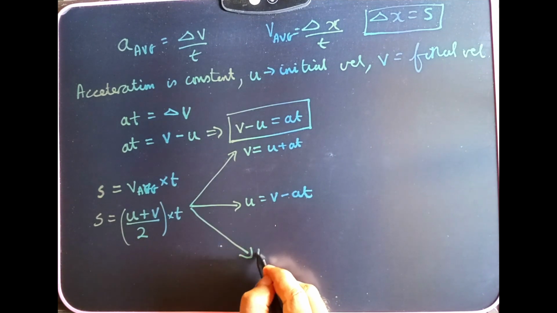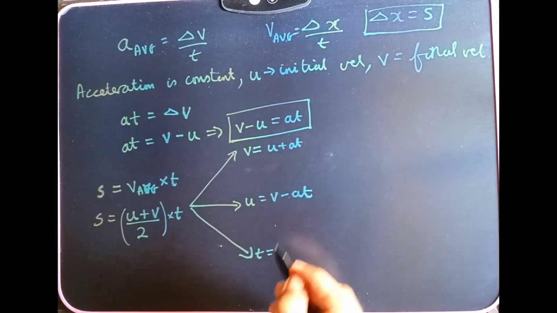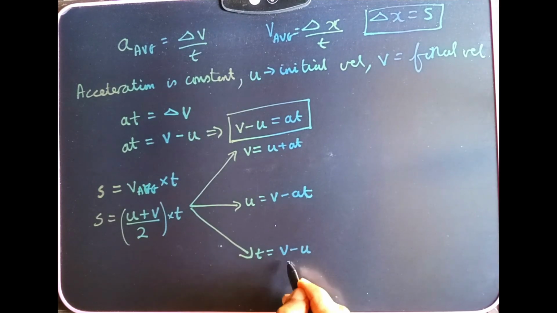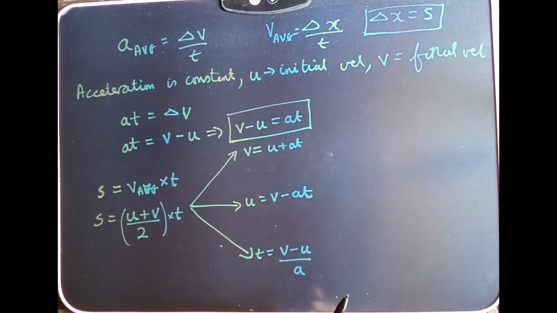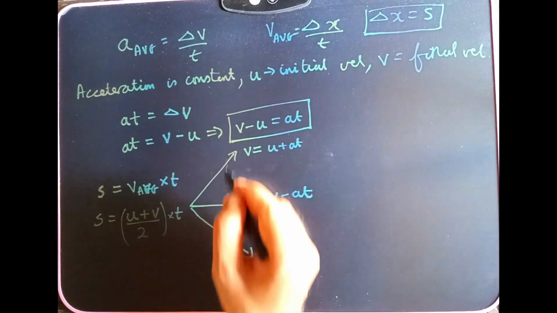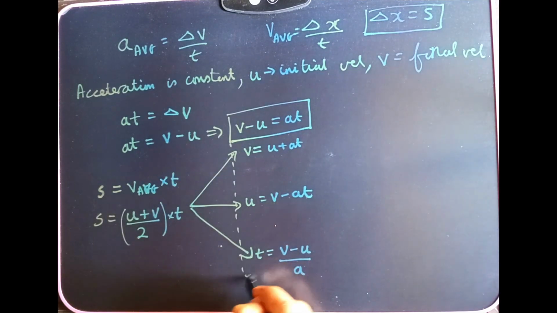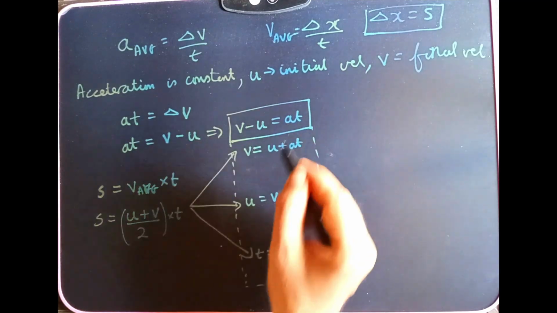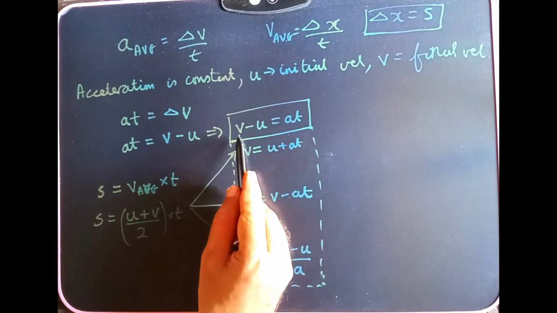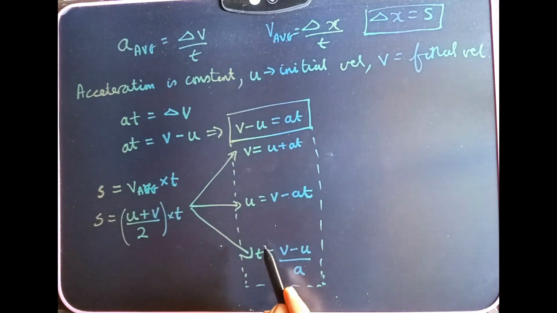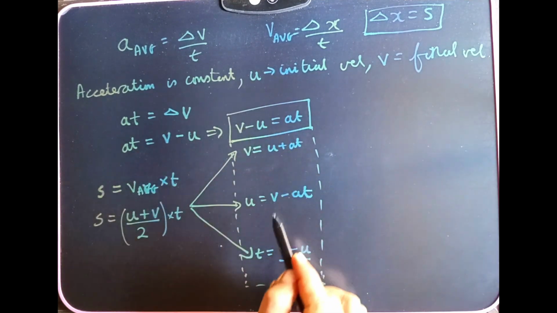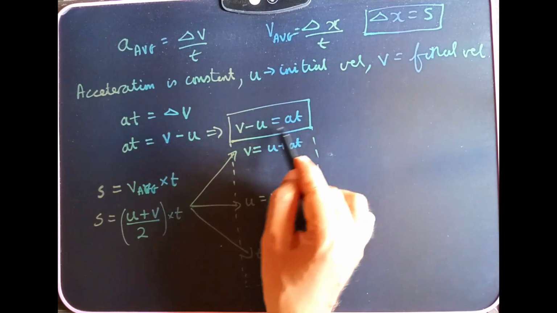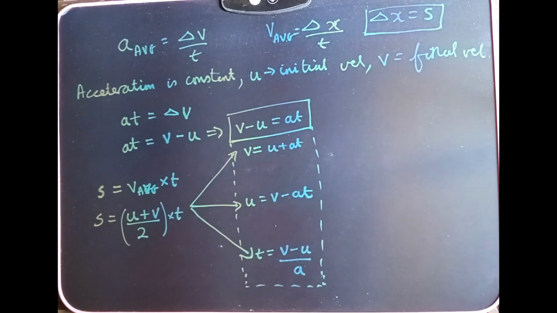And if I want a time form, I'll say t is equal to v minus u by a, right? From here, I can write in different forms. I can say v is equal to at plus u. I can say u is equal to v minus at. And I can say t is equal to v minus u divided by a. Hope so far so clear.